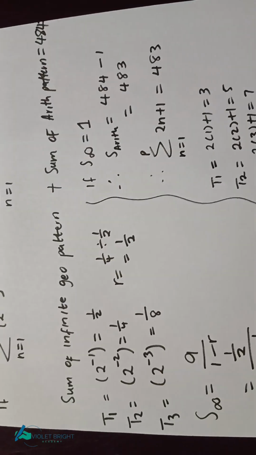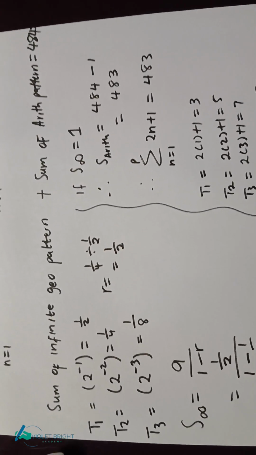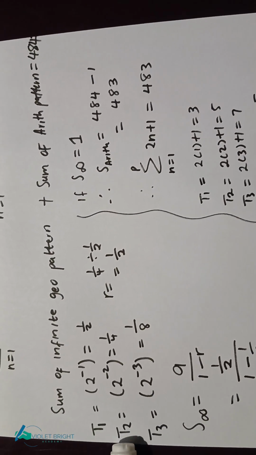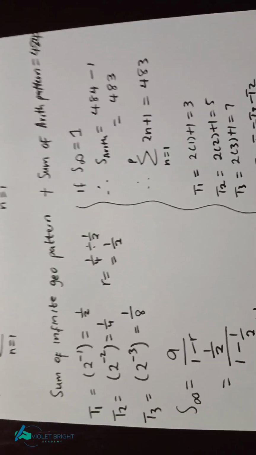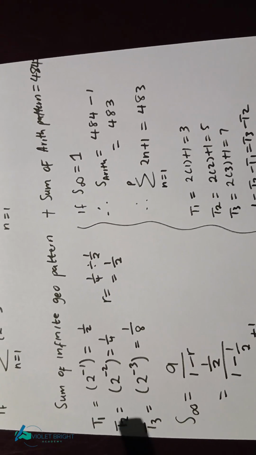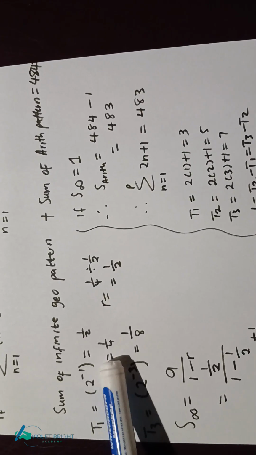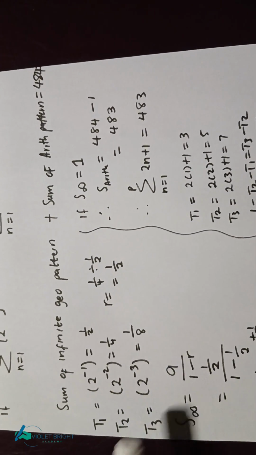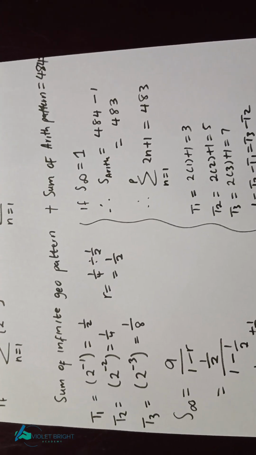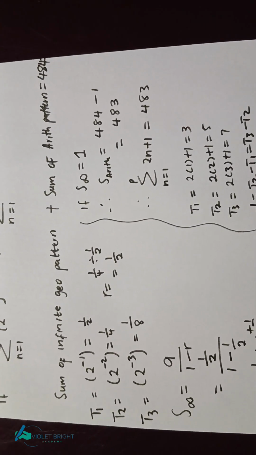It gives us a half. For the second term, it goes from 1, then 2, then 3, then 4, like that. So with 2, it gives us a quarter, and the third term gives us 1/8. So now we found the first 3.